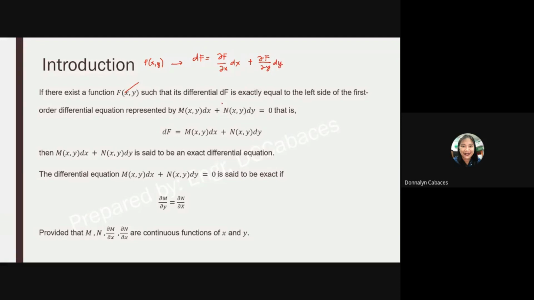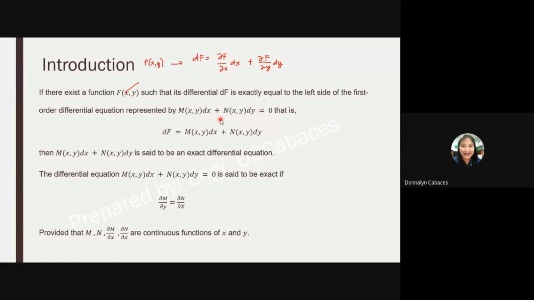It means that if this total differential is exactly equal to M(x,y) dx plus N(x,y) dy, which clearly means that the partial derivative of f with respect to x should be equal to M, and the partial derivative of f with respect to y should be equal to N. If that is the case, then that given differential equation is said to be exact.